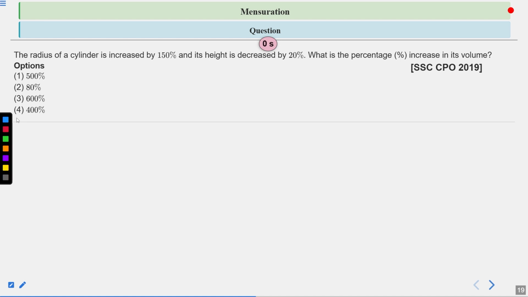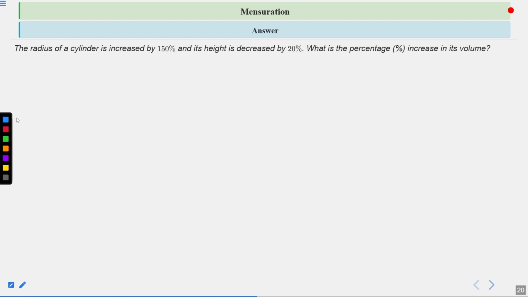Now time's up. Let's see the solution of this question. So question says that the radius of the cylinder is increased by 150% and its height is decreased by 20%. So we need to calculate the percentage increase in volume. Now we know that the volume of the cylinder is pi r square into h. So first we take the radius and increase it by 150%, and we take the height, which is decreased by 20%.